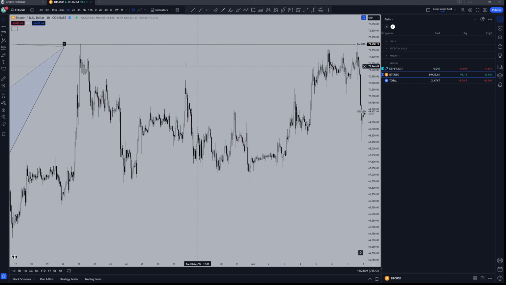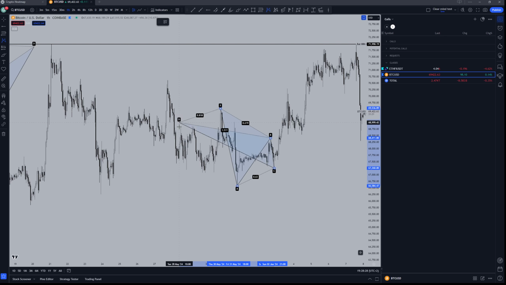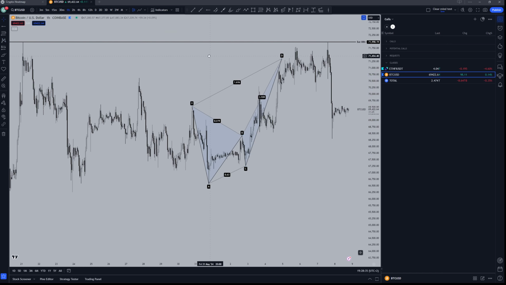And we can take this area as a way to draw lower time frame harmonics. So let's say we take this area, for example. We can use this lower time frame area to draw one as well.